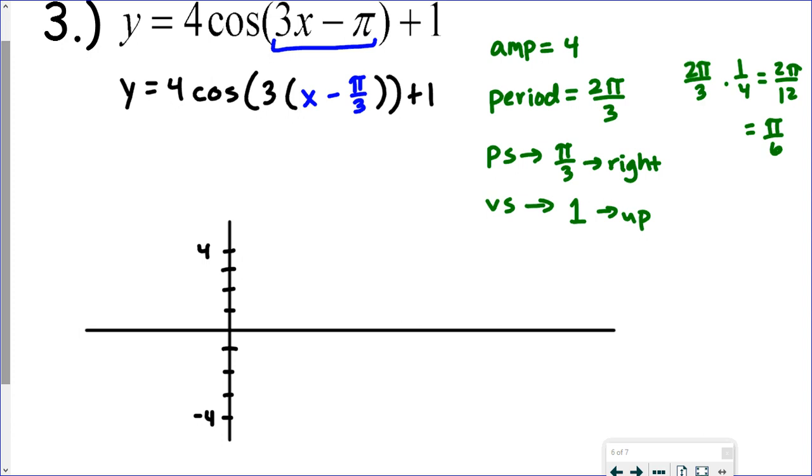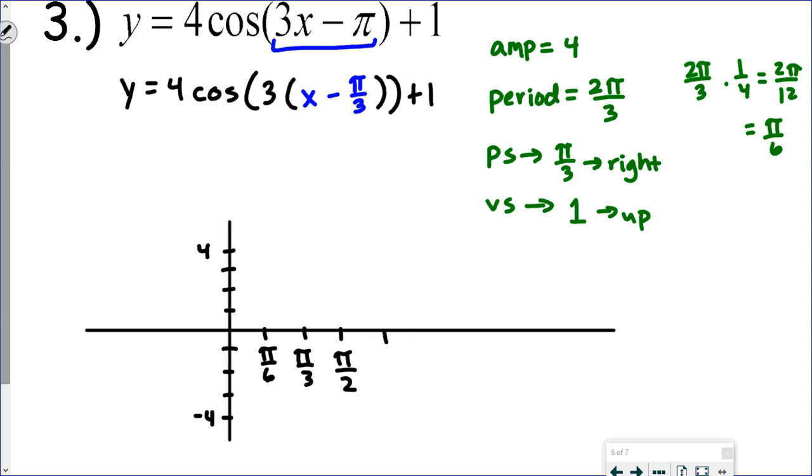Okay, so I have pi over 6, and then 2 pi over 6, which is pi over 3. Okay, 4 pi over 6. No, wait, 1 pi over 6, 2 pi over 6, 3 pi over 6 is pi over 2.